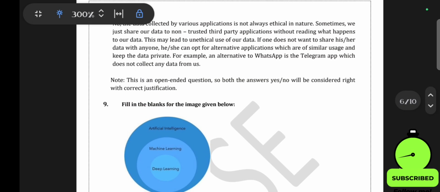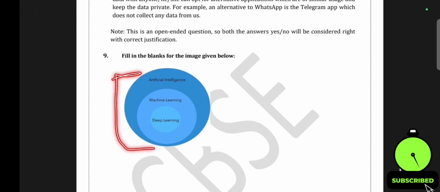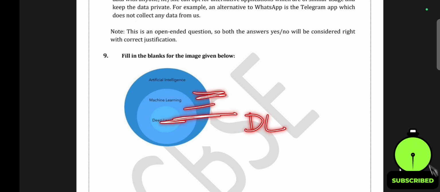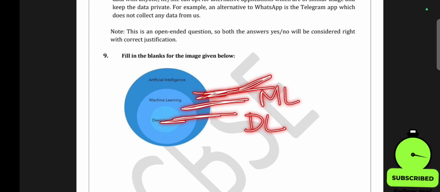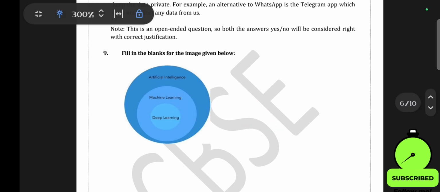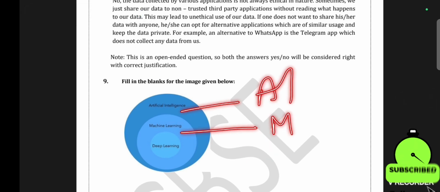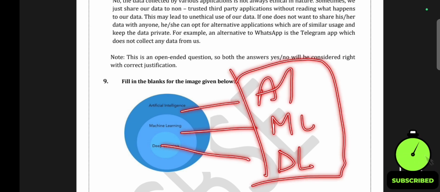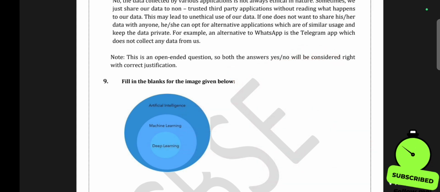So just remember this only, that this is the diagram of the AI field, where you can see the outer part is AI, the second part is ML, and the third middle part is DL. So this is the diagram of AI, ML, and DL, three subsets of AI.